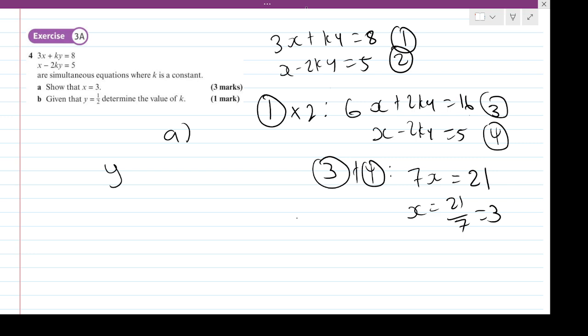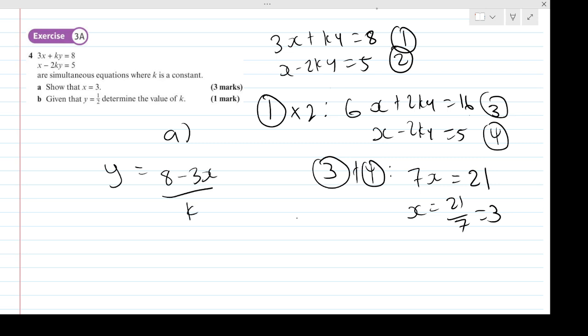If you rearrange for y in the first equation, you have something like 8 minus 3x over k, or you could multiply by k to get ky and then substitute it into the other equation. It's a whole mess. I prefer elimination here, and hopefully you can spot what I've done there, by simply matching the coefficient of y to get rid of y.